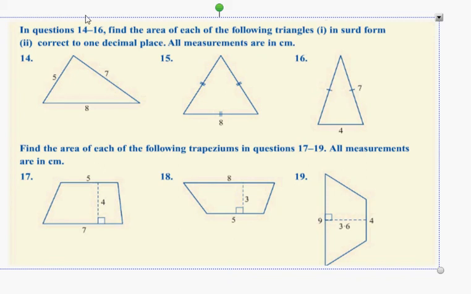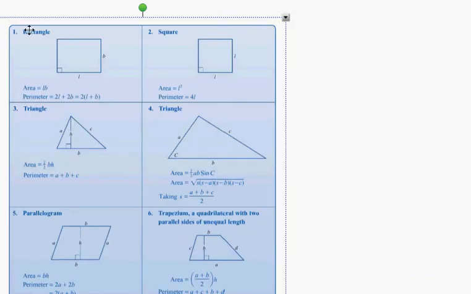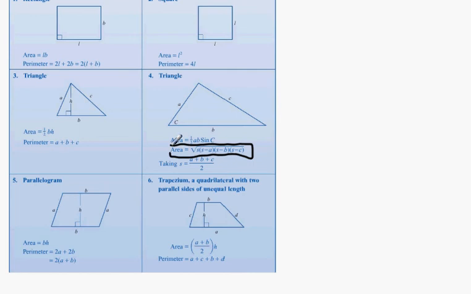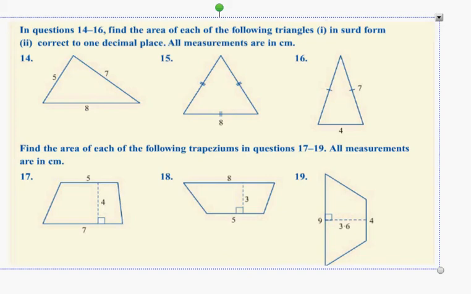Now, there's a formula on the page here. You go down to triangle. See this one here? Area is this formula here: the square root of S multiplied by S minus A, S minus B, S minus C. Just bear that in mind for a second.